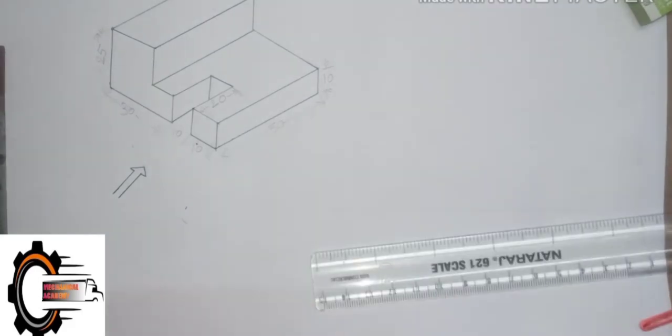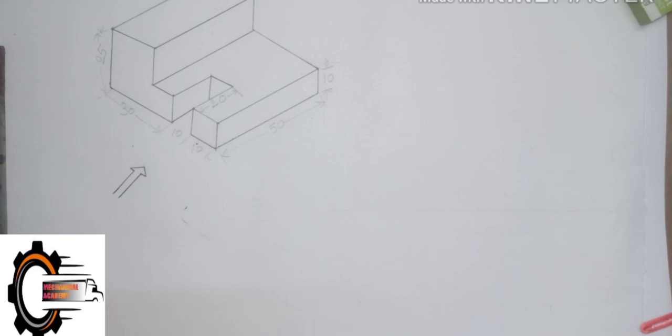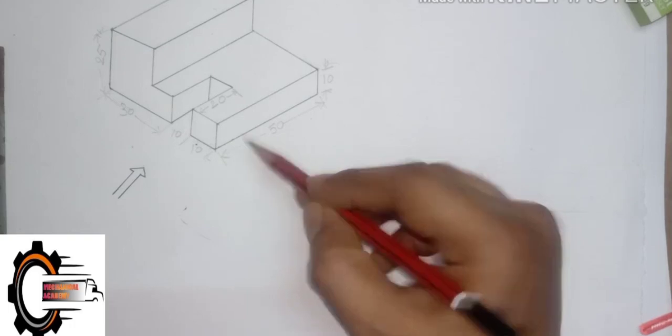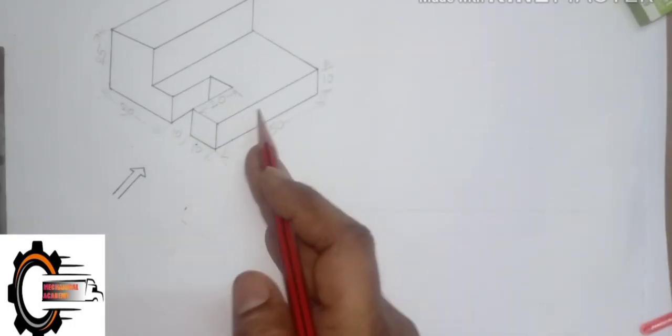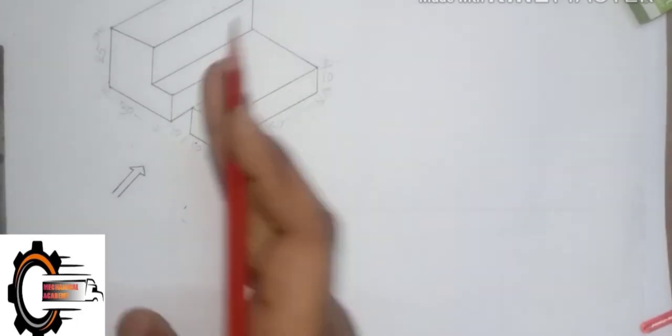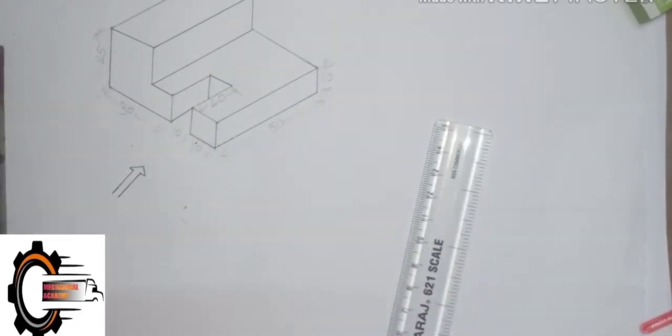So this is the XY line. Another point: this is the left side view, which means we draw it on the right side of the front view. For example, first of all I will draw the front view.